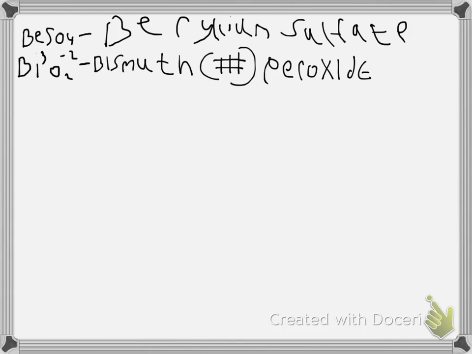So for instance here, if we want to match up the charge to make it neutral, we would need 2 bismuth, and then put our peroxide in parentheses like this, and then we put in 3.